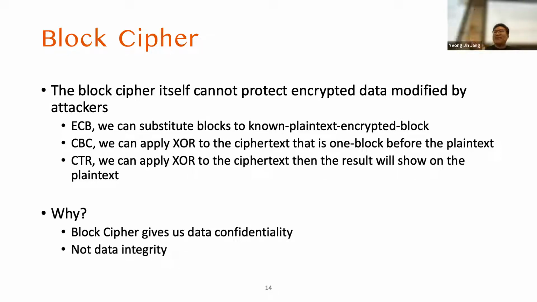But having only that property cannot give full protection. That's why the practical attacks in the challenges can happen. The important thing is that we need to provide both data confidentiality and data integrity to get full protection. And we will learn how to do that with the message authentication code today.